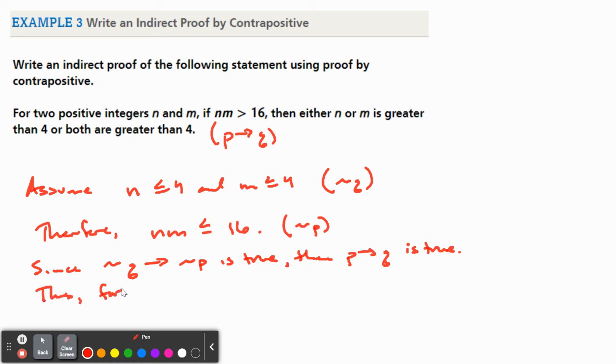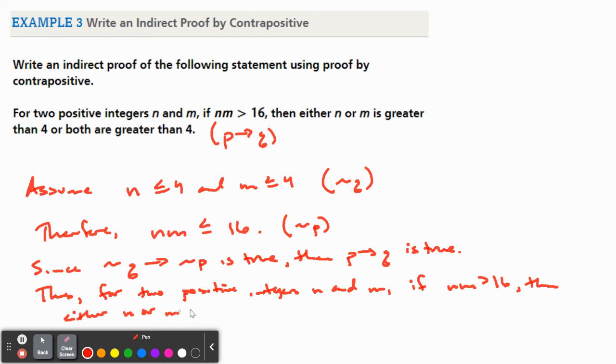Thus, for two positive integers n and m, if nm is greater than 16, then either n or m is greater than 4, or both are greater than 4.